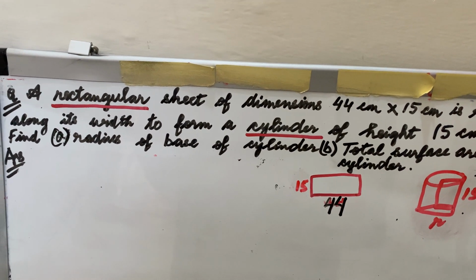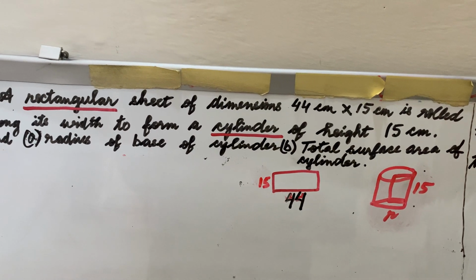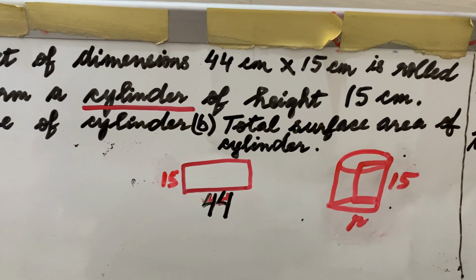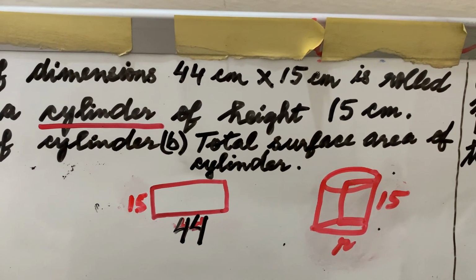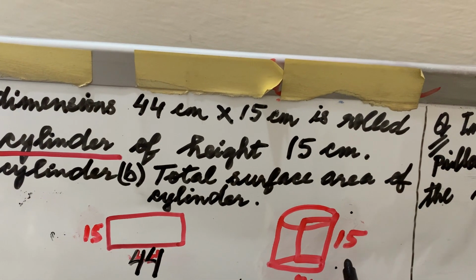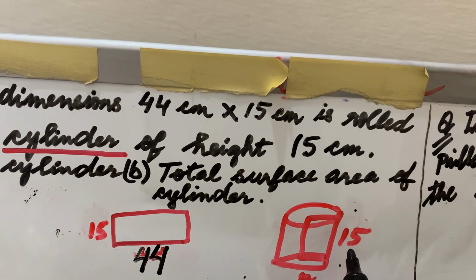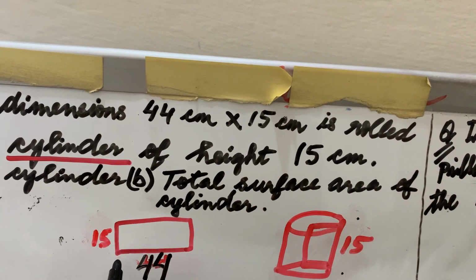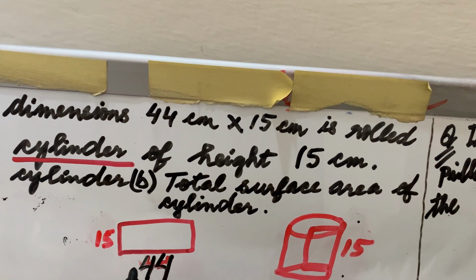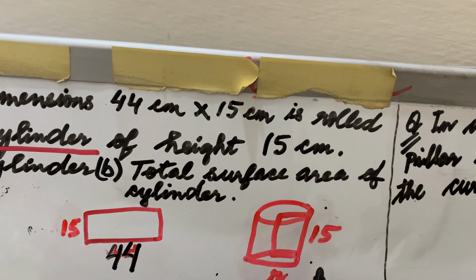The rectangular sheet is rolled along its width to form a cylinder of height 15 centimeter. So what is the width of the rectangle? The width of the rectangle is 15. So when it is rolled, it forms a cylinder of height 15.